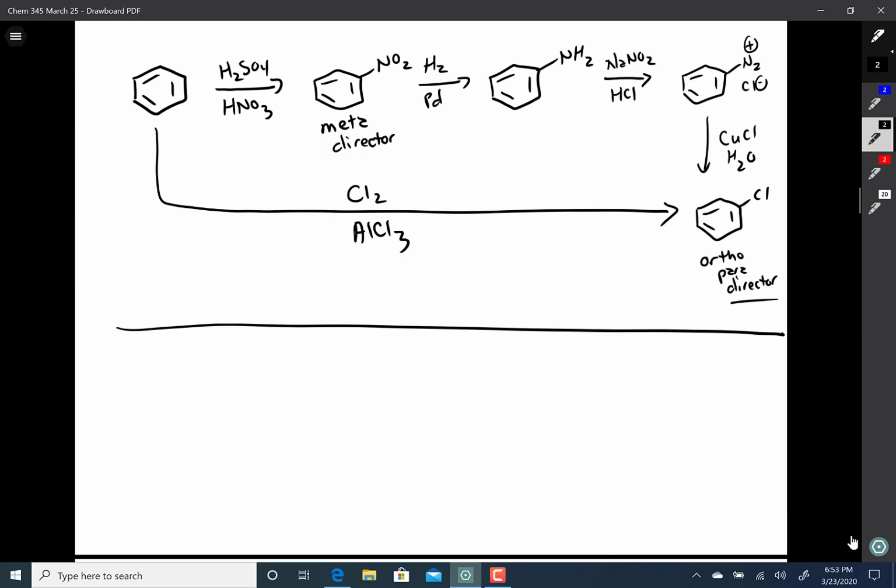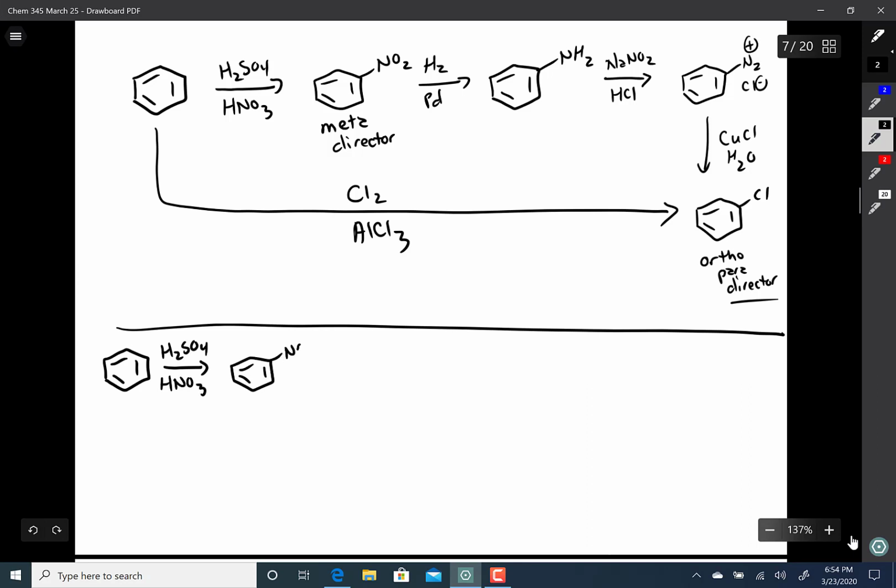So, if we use the sequence one more time, nitration adds a nitro group. Chlorination adds a chlorine. And since we have a meta-director on the ring already, it adds the chlorine meta.